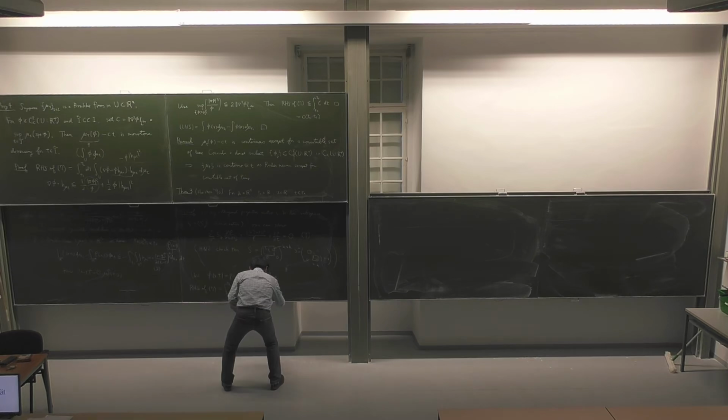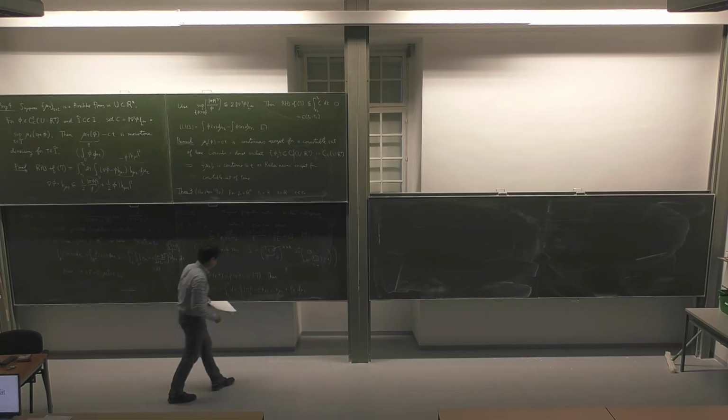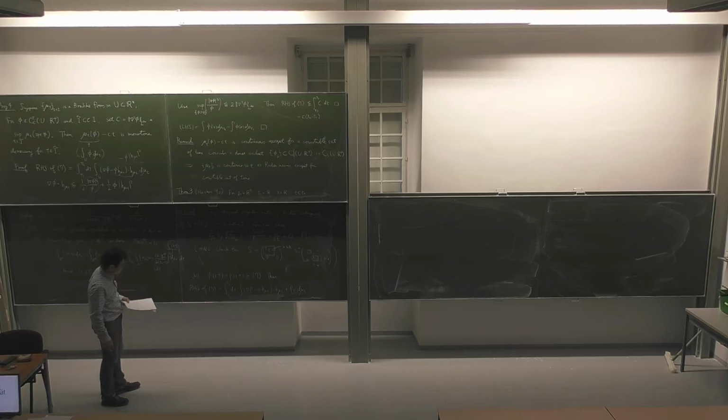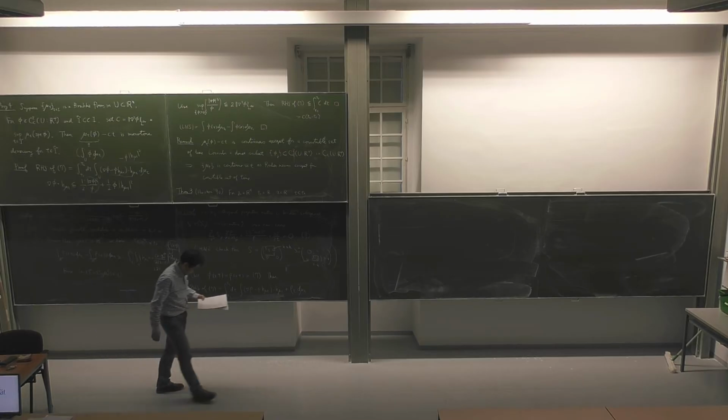So here is nabla rho minus rho h mu t dot h mu t plus the time derivative of rho. That's the right-hand side of 7.